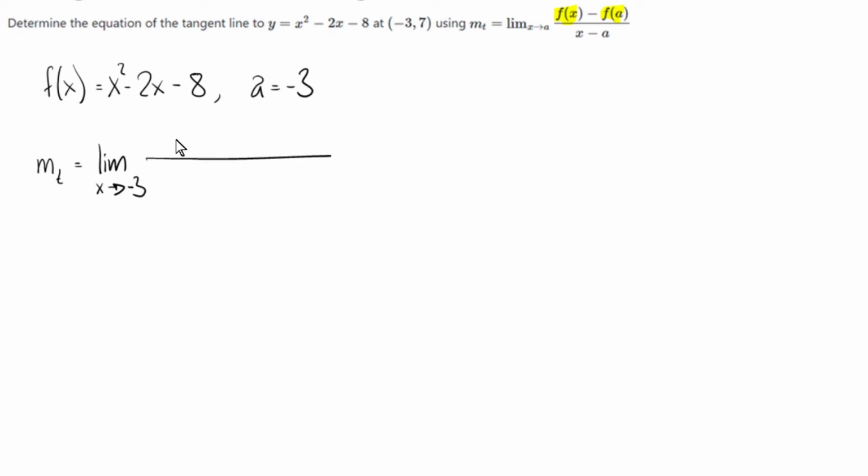In the numerator we have f of x, so it's going to be x squared minus 2x minus 8, minus f of a, so it's going to be -3 squared minus 2 times -3 minus 8. In the denominator we have just x minus a, so minus -3.